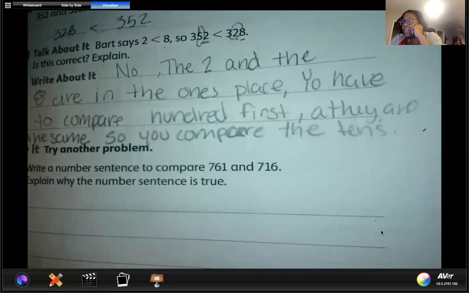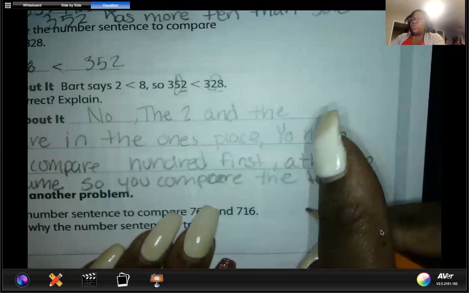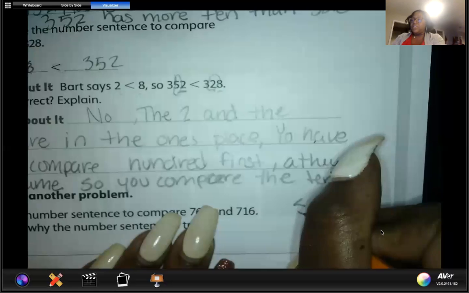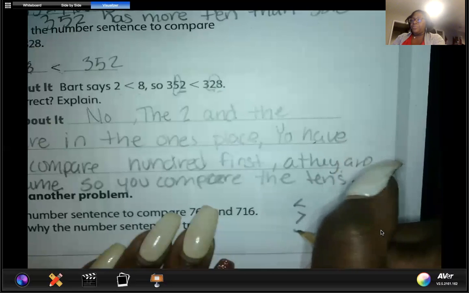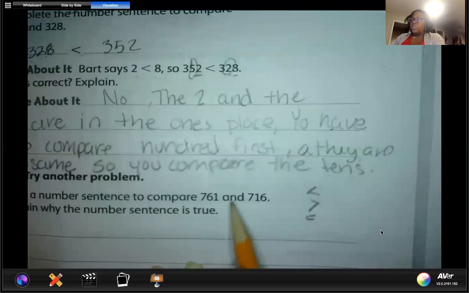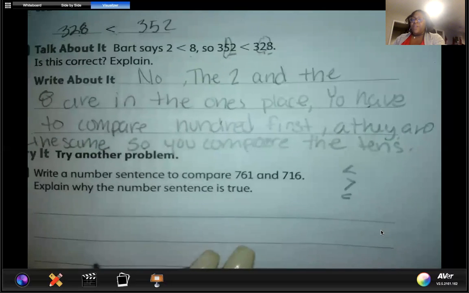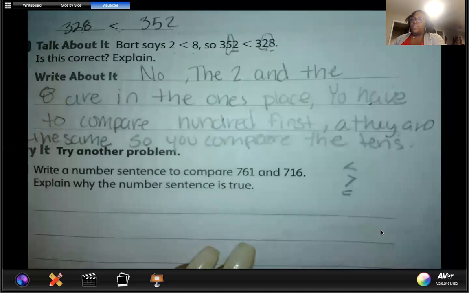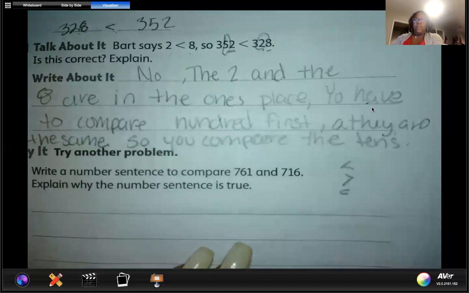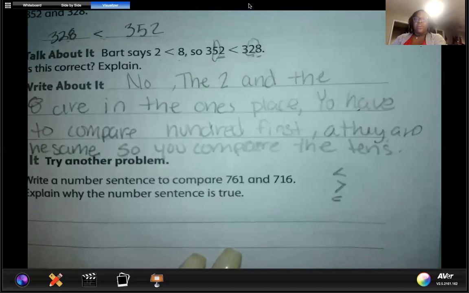And then you have to say why you picked that number was greater than, equal to, or less than the other number with a complete sentence. Okay, so you're going to make sure you're using these symbols. And once you say which one is which, you're going to write out a sentence that explains why you chose that. Okay? All right, guys, good luck. I know you can do it.